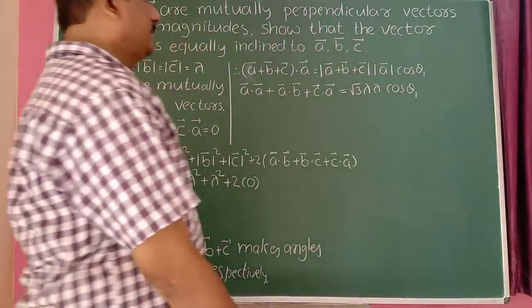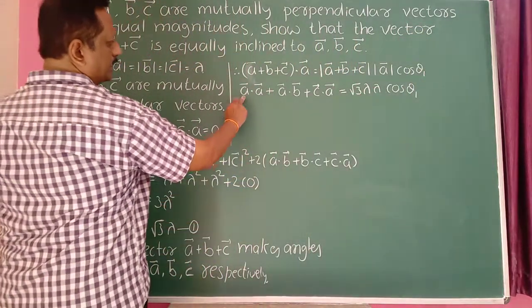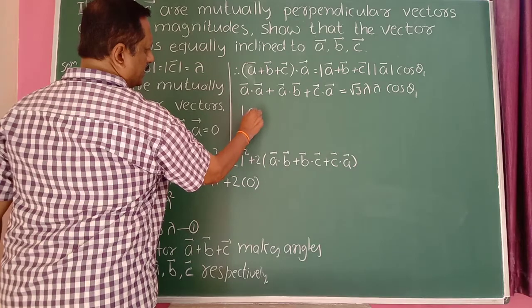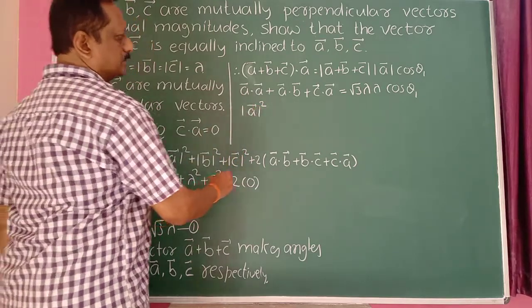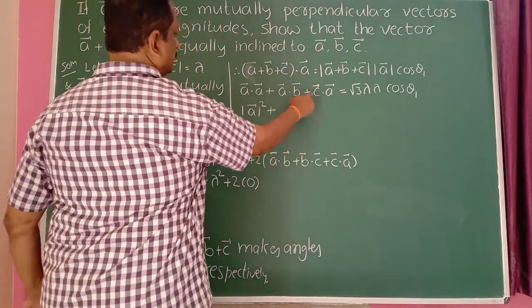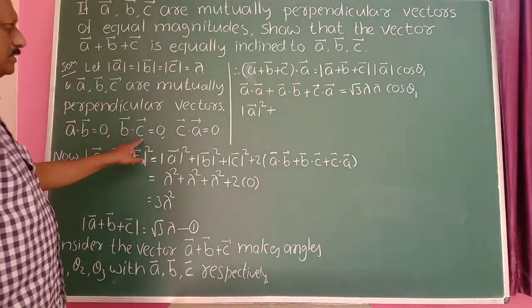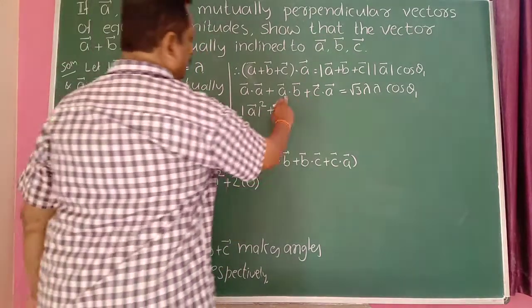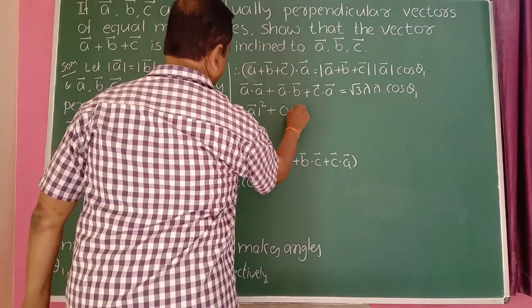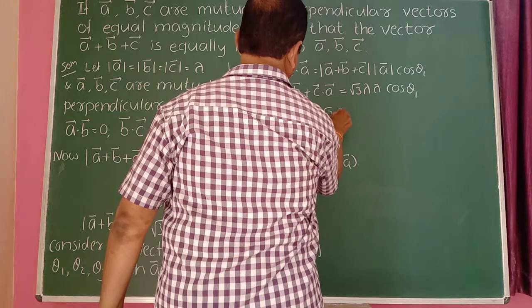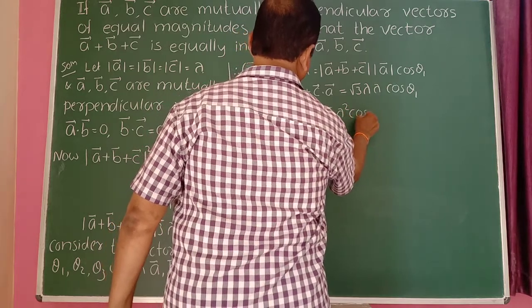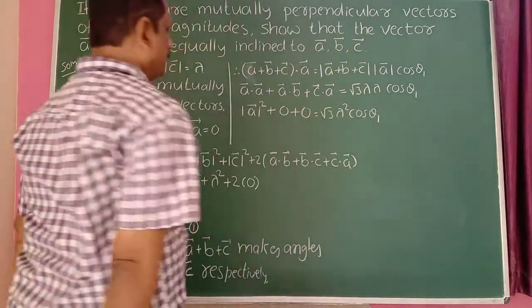You know that A bar dot A bar, by a property of the dot product, is modulus of A bar square. Then this is 0, this is 0, both the terms become 0 here. That is equal to root 3 lambda square into cos of theta 1 here.